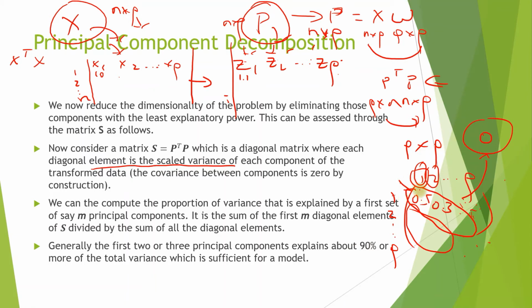So if they explain 80% of variation in the data, it means that they are good to summarize that data. They are good to reduce that data set into two new variables, Z1 and Z2, if they were to be the ones with the highest variance, but it depends. It's not going to be like that necessarily.